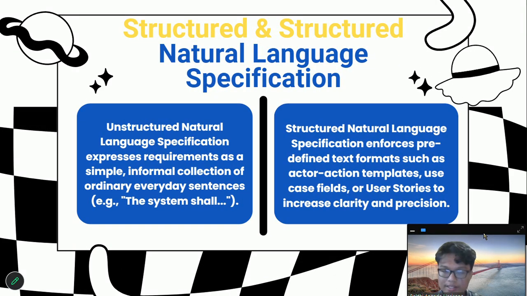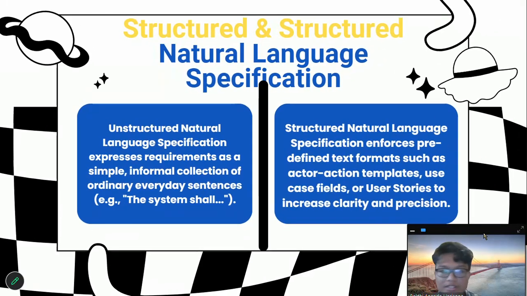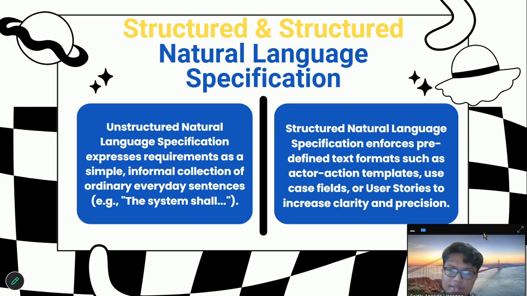Here, in requirement specification, there are two ways to do it: structured and unstructured natural language specification. First, unstructured natural language specification is how we express the requirements as a simple, informal collection of ordinary, everyday sentences.